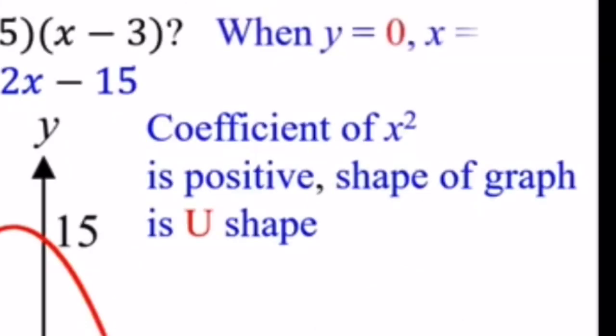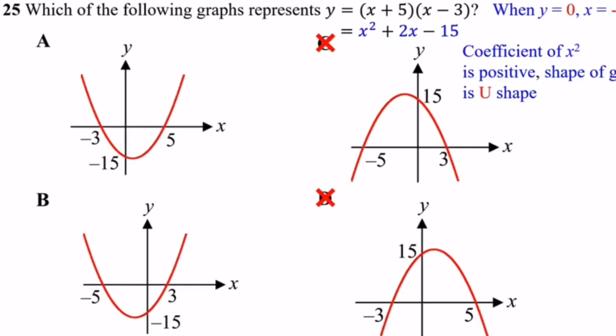So we need to stay positive, always happy. Now you have to find the y-intercept. Let x be 0, you will get negative 15. So which one has negative 15 as the y-intercept? If both are the same, then we have to find the x-intercept.